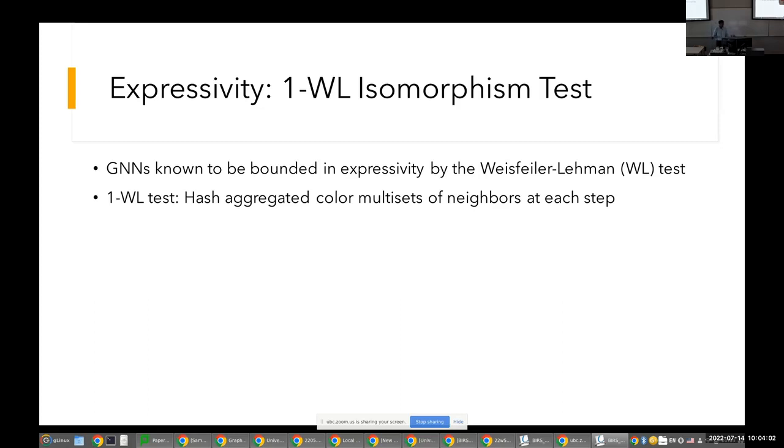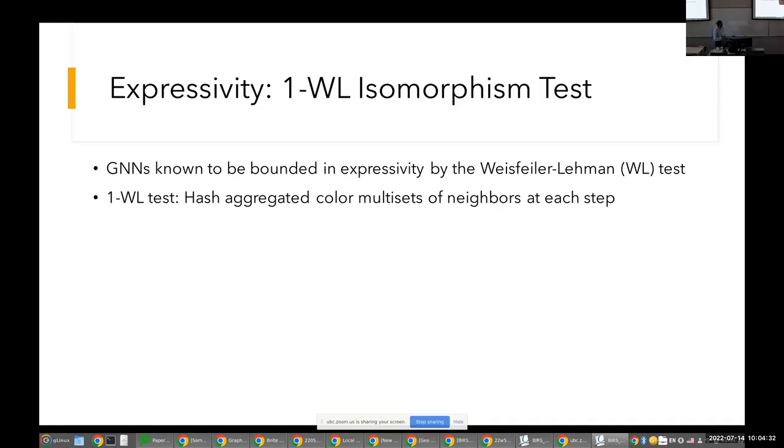I don't know too much about the history, but I think when it came out, people thought it might solve the graph isomorphism problem in polynomial time. Of course, we know that didn't end up being the case. It can distinguish a good number of pairs of non-isomorphic graphs, but there are some pairs of non-isomorphic graphs for which this test would output that they're isomorphic.